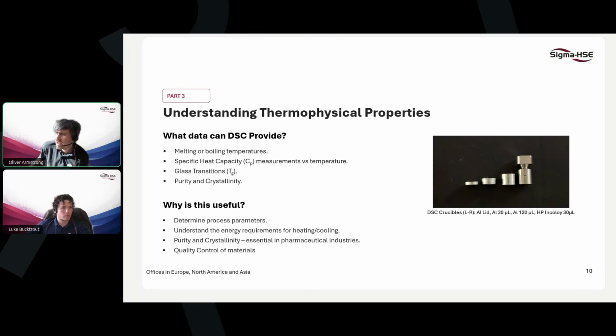So I'm just thinking, Luke, specifically for reactor design and vent sizing for emergency relief systems, specific heat capacity and boiling points of mixtures are, as we'll touch on a little bit later, really critical things to consider in those cases.